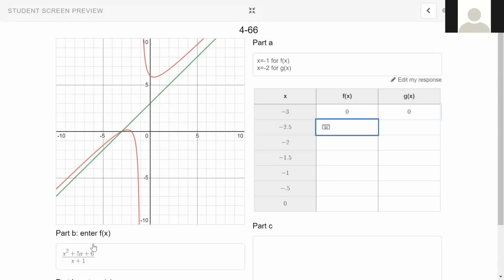Let's see, f was red: 2.5, 1.67, or 0.167. G of x is 0.5.